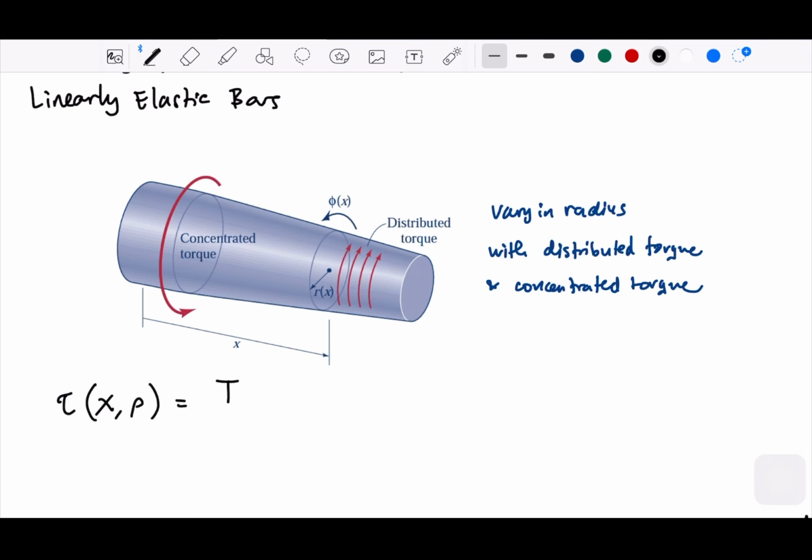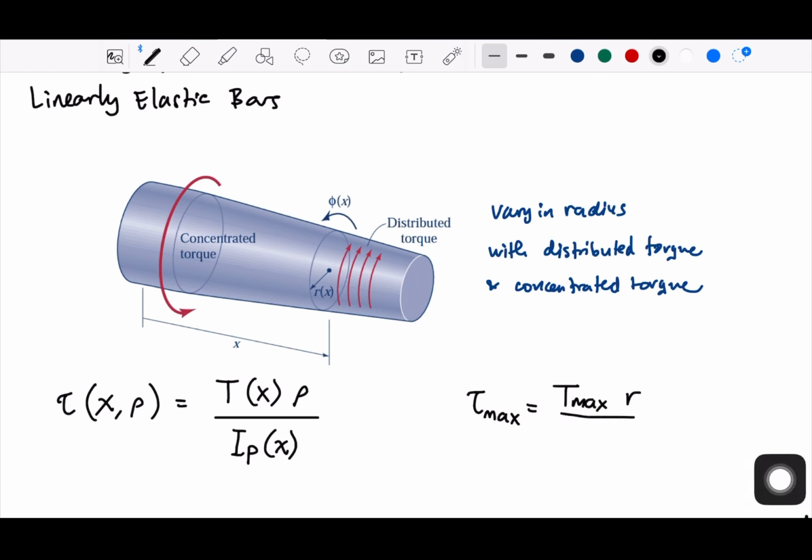We can take the torsion as a function of x, multiply with rho, divide with the inertia, which also depends on the variable x, and then we take the maximum shear stress as T max multiplied with R divided by the inertia.